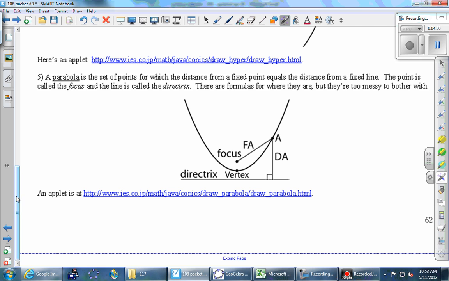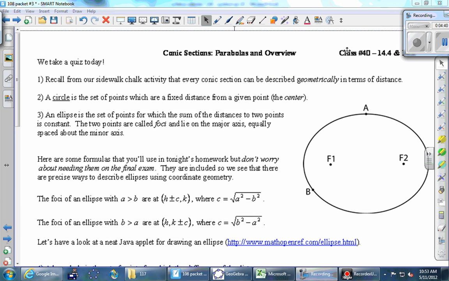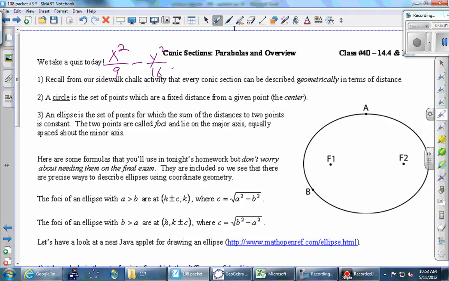Okay, so let's start talking a little bit about the conic section stuff here. So we'll begin with number 1, Ernie. So you guys have been playing recently with equations for these conic sections, like x squared over 9 minus y squared over 16 equals 1.